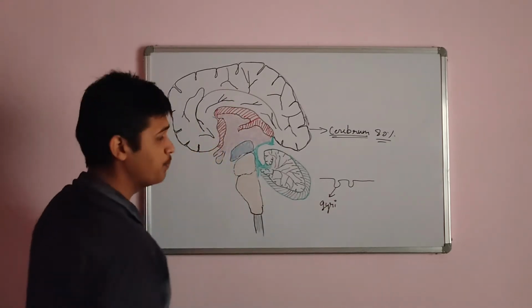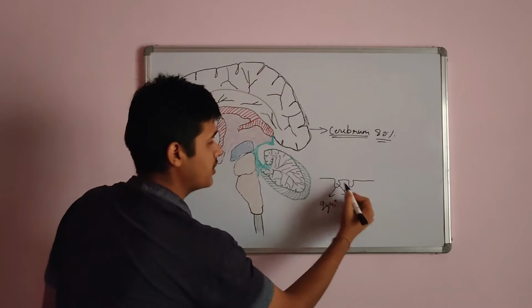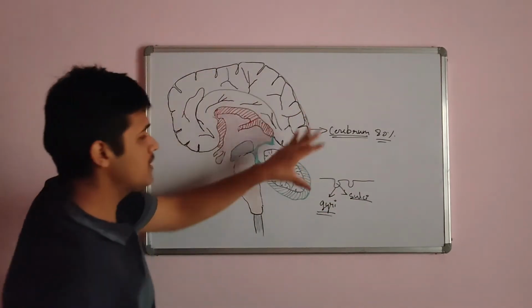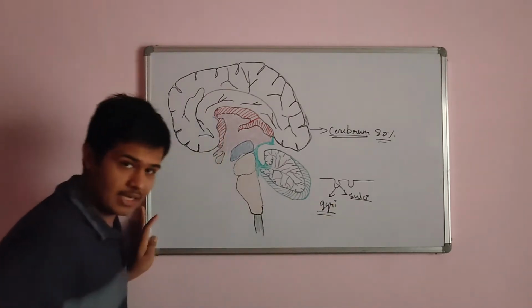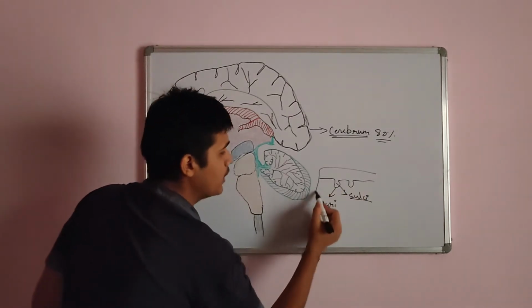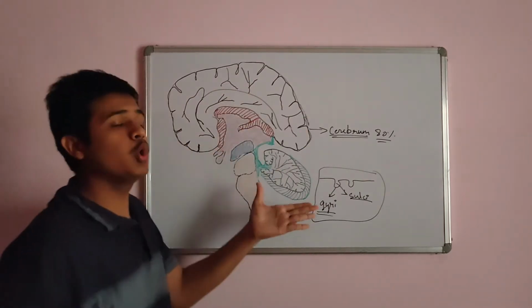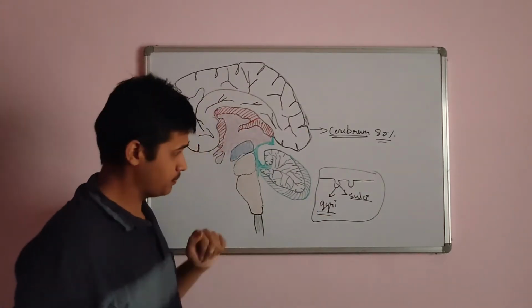These gyri are surrounded by depressions called sulci. So the cerebrum is made up of gyri and sulci. This is only to increase the surface area of the cerebrum so that it can store more neurons.